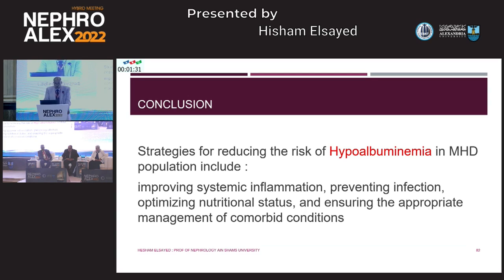So in conclusion, Mr. Chairman, my colleagues, I have reviewed the pathophysiology, the cardiac effects, and the role of hemodialysis or renal replacement therapy in induced hemodynamic instability. One of the factors is low serum albumin, but low serum albumin is just a figure, just a number.